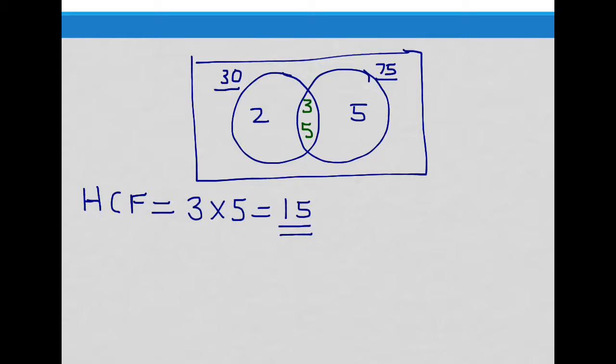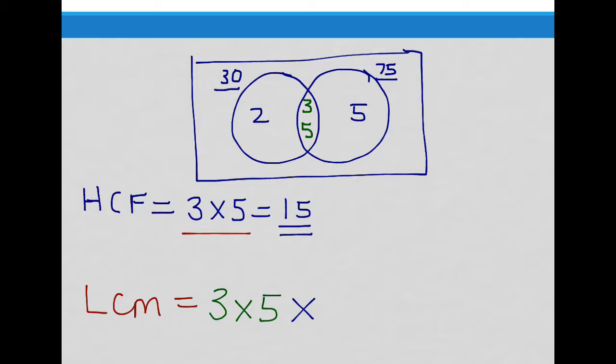To find my lowest common multiple, and this is the new part now, I use this information here, which, if you remember, comes from that middle intersection box. So that's my 3 multiplied by 5. But I also include the values that haven't previously been used.